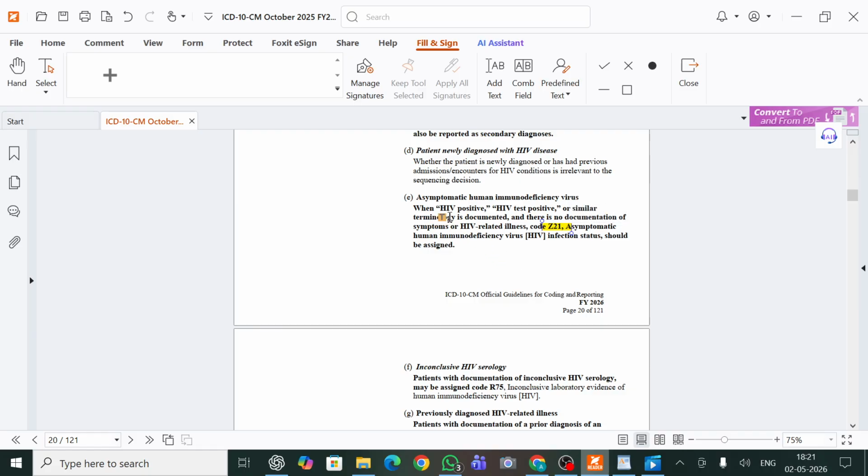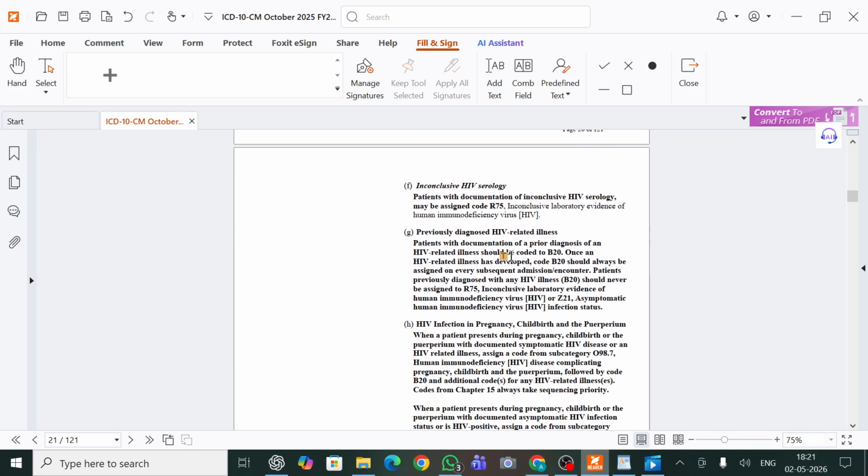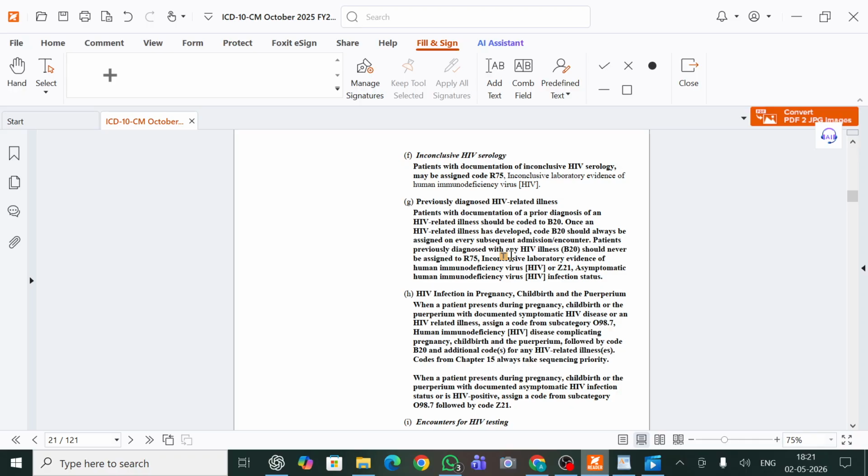Otherwise, if it mentions HIV positive, HIV test positive or asymptomatic HIV, we will code Z21. Sometimes the patient comes to the hospital and the doctor says to follow up with the lab. If inconclusive HIV serology is found, we will assign the code R75. This code is for inconclusive laboratory evidence of HIV.